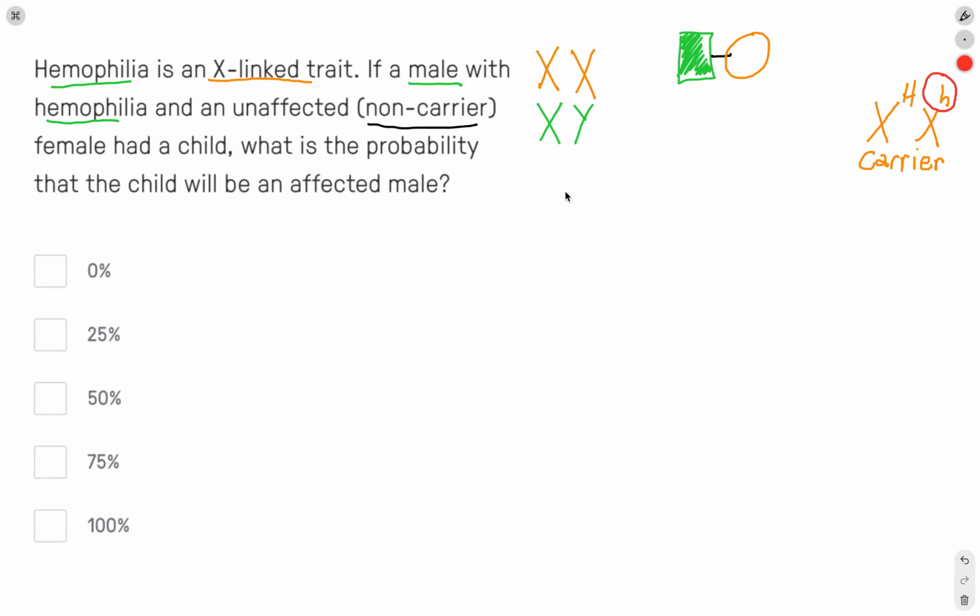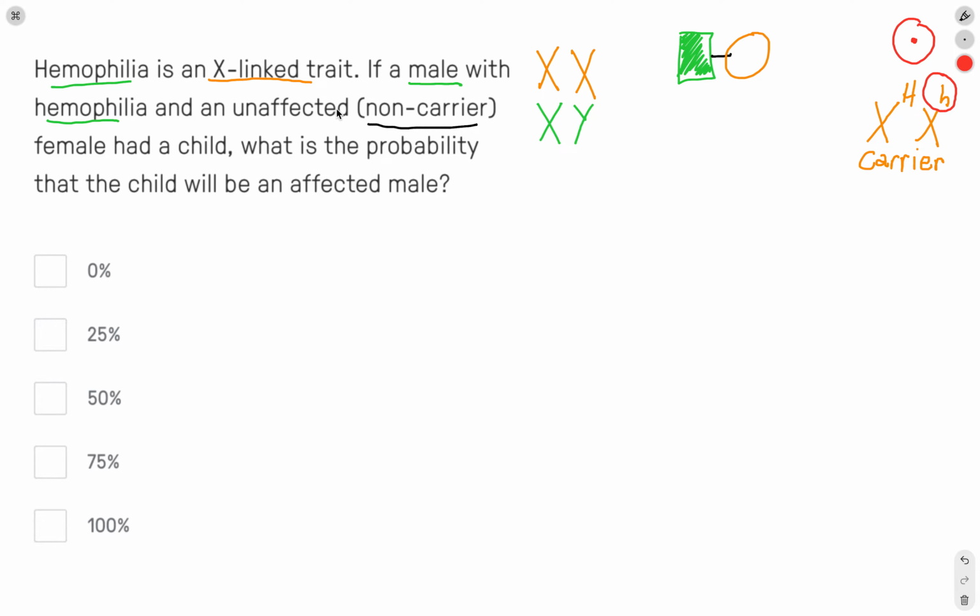She does not express it, she's still unaffected because she has this dominant allele, and the dominant healthy allele will dominate and she will not have hemophilia, but she has the allele, right? That would be a carrier. In our pedigree, that would look like this, right? She has a dot in the center to show that she's a carrier.